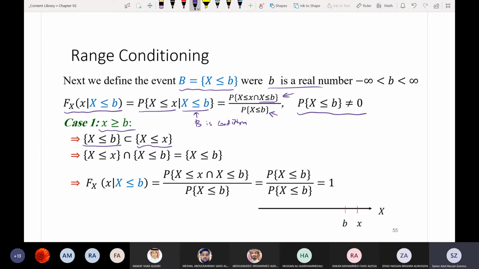Why? Because b is smaller than x. b is included. Yani if this is a real line and this is b, we are looking at the range of x that is here.